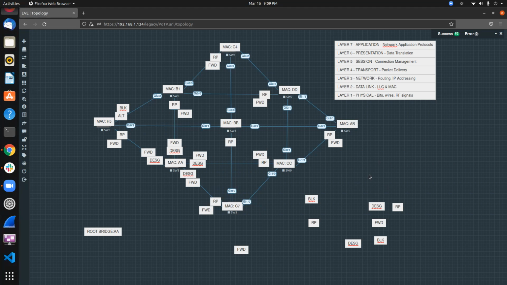Switch 6 towards switch 3? It's already blocked. I'm confused. I asked you what's going to be the port state and role on switch 6 for gigabit 0/2 going towards switch 3. Okay, let's put a block on that one. Block state. So we're going to block here.